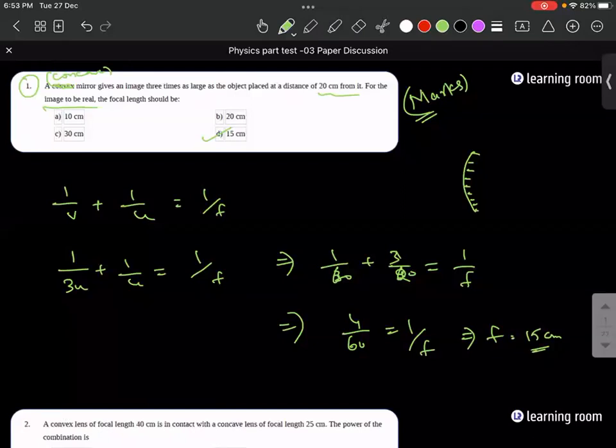Answer should have actually been minus 15 because V and U will be negative for it. I'll just make a note of it. This part is 3, right? Nitish, did you understand when to take distance and when to take size? Yes, sir. Got it. So first question.